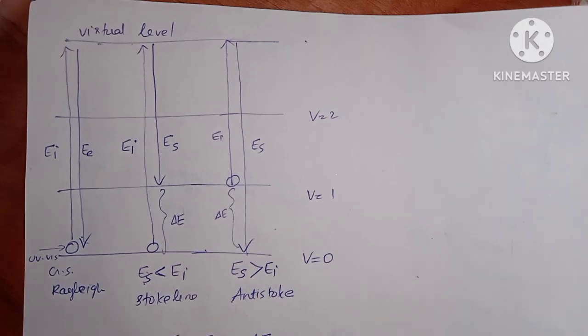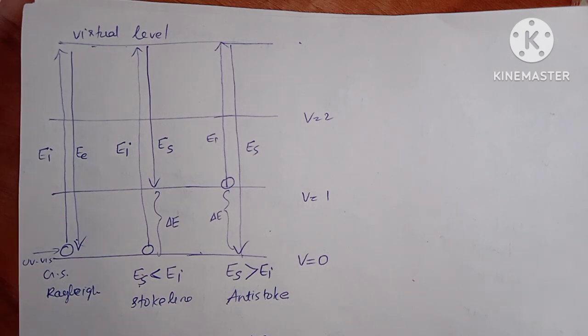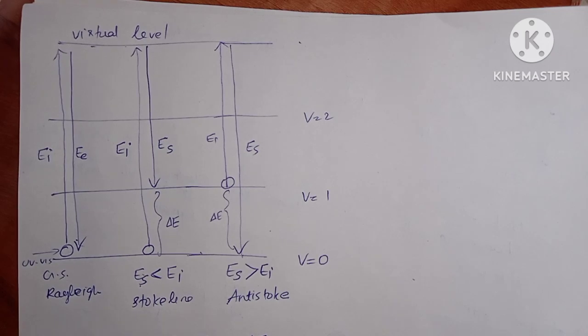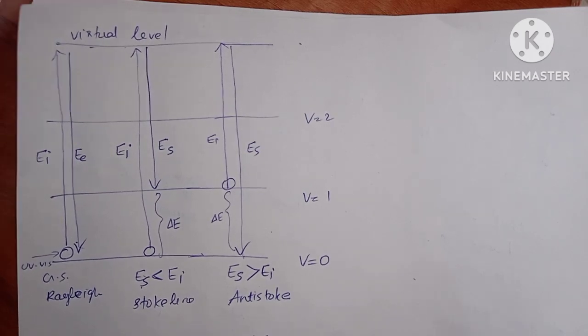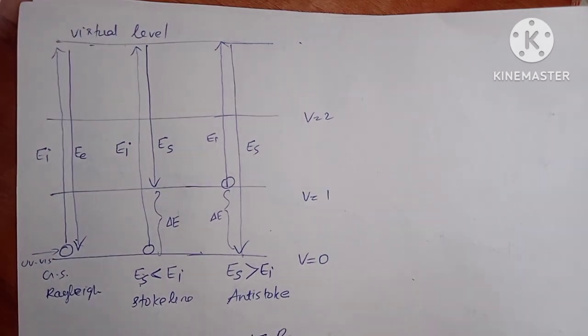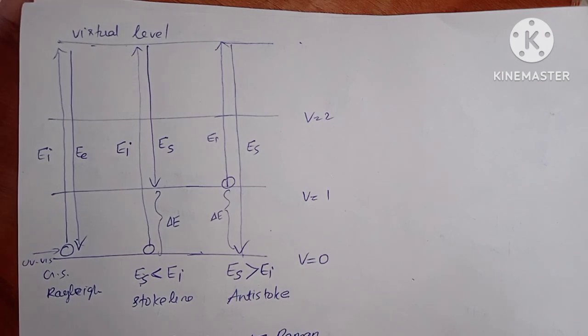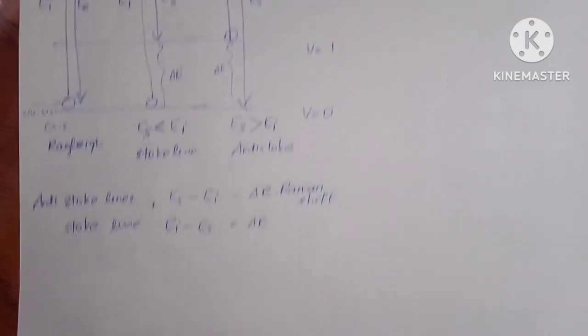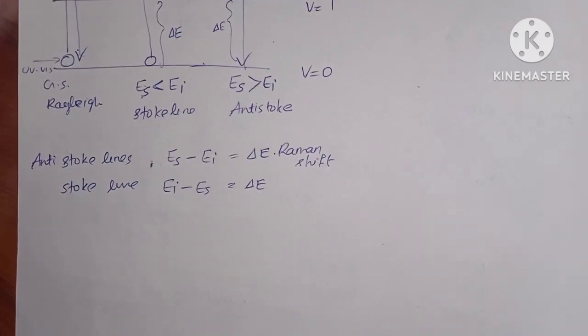For anti-Stokes lines, ES is greater, so ES minus EI is the delta E. By looking at this Raman shift, we can analyze the chemical structure and chemical bonds of a molecule.